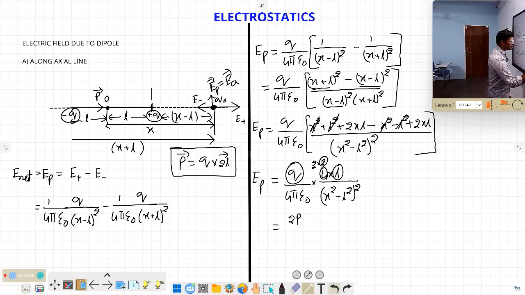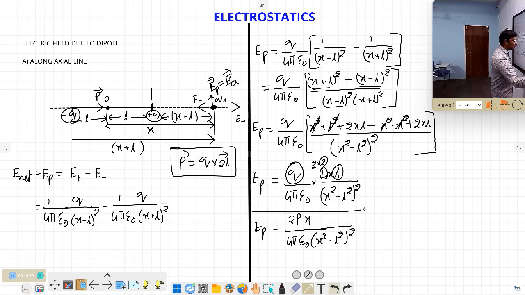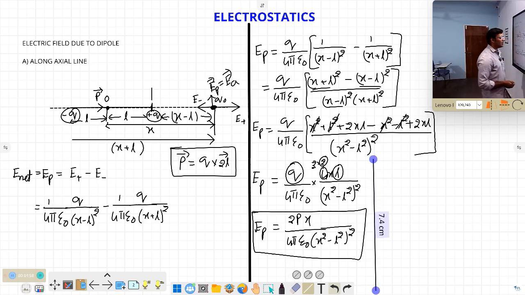So E equals 2Px by 4 pi epsilon naught into (x square minus l square) whole square. This is nothing but the electric field intensity due to a dipole along the axial direction, that is called the axial field.